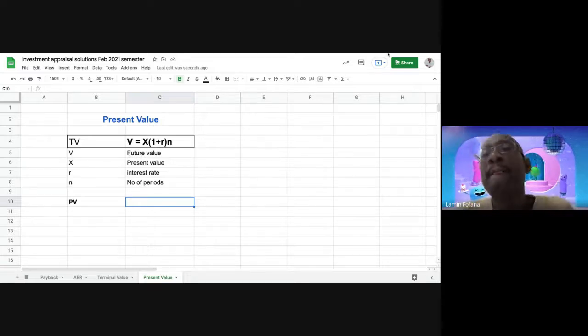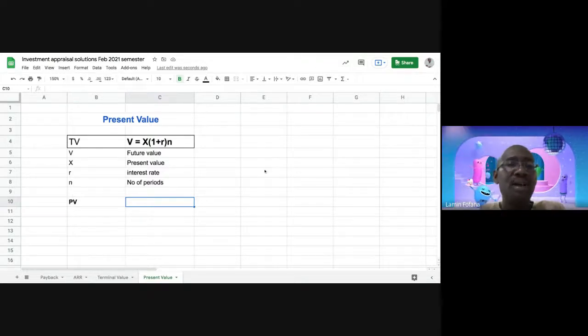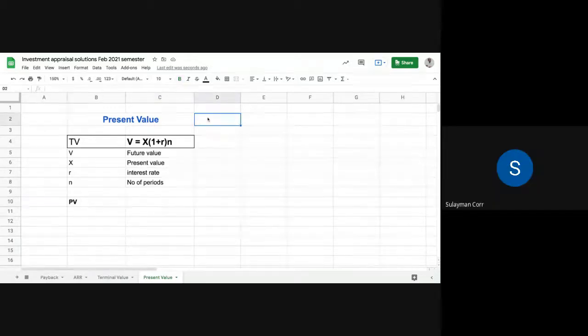Where are the mathematicians? How could we make our discounting formula from our compounding formula? Let's see.